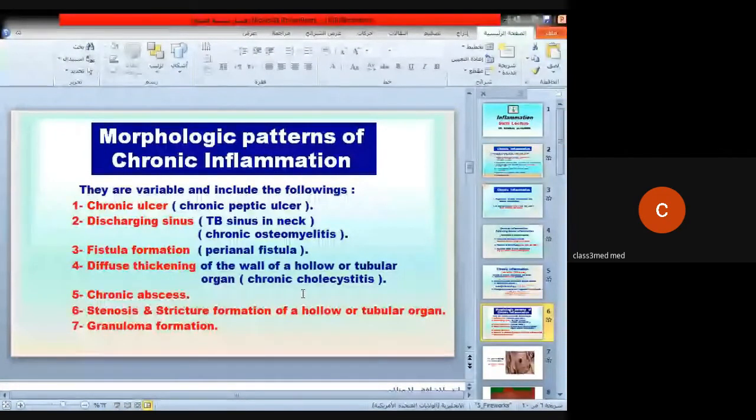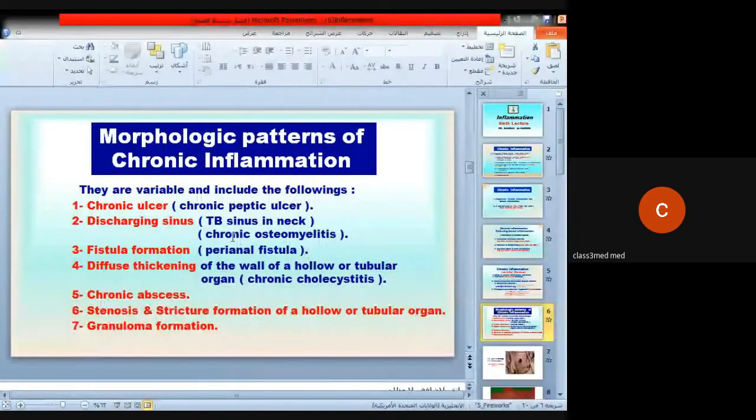So, ulcer is a morphologic pattern of acute and chronic. We have acute ulcer and we have chronic ulcer, depending on the causative agent. Example, of chronic peptic ulcer. Second, discharging sinus, such as discharging tubercular sinus in the neck.